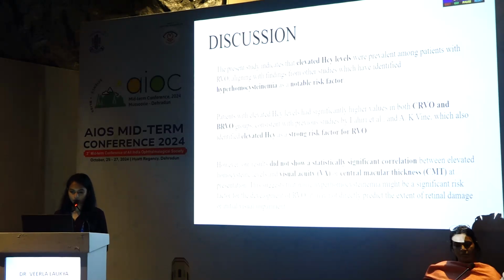Patients with elevated homocysteine levels had significantly higher values in both CRVO and BRVO groups, which is consistent with previous studies that also identified elevated homocysteine as a strong risk factor for RVO. However, it did not show any statistically significant correlation between elevated homocysteine levels, visual acuity and macular thickness.